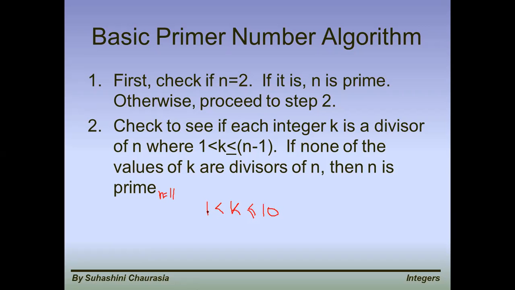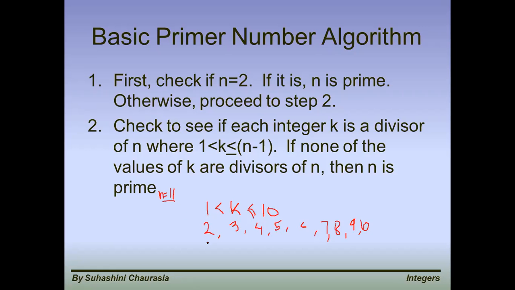K should always be greater than 1, so 2, 3, and k should be less than or equal to 10. That means 2, 3, 4, 5, 6, 7, 8, 9, 10. Okay, we will check the divisibility of this n by these.